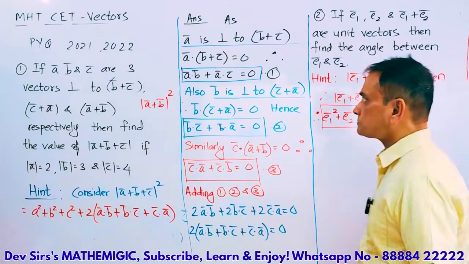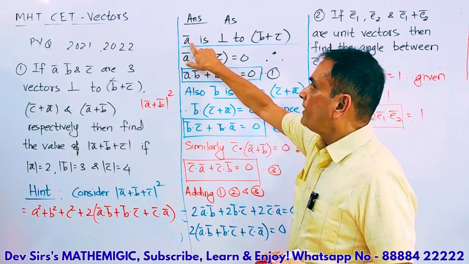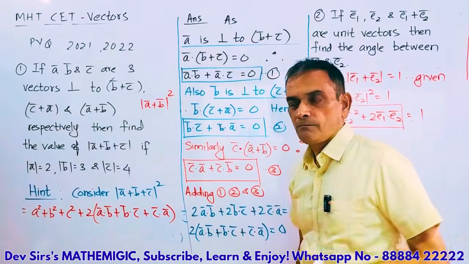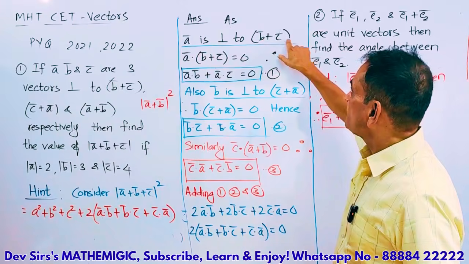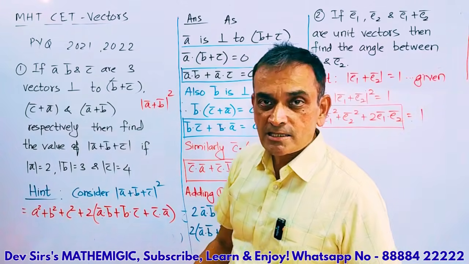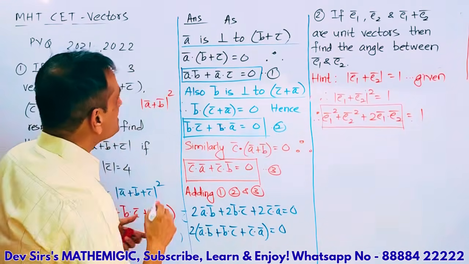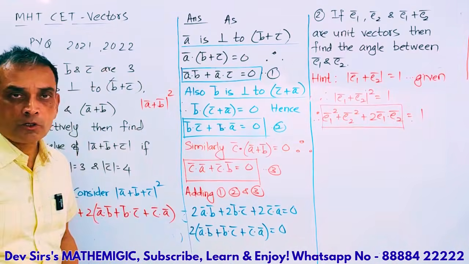Now first condition, vector A bar is perpendicular to B bar plus C bar. If this vector is perpendicular to this vector, what happens? Yes, their dot product becomes 0. Dot product becomes 0 means first vector dot second vector equal to 0.